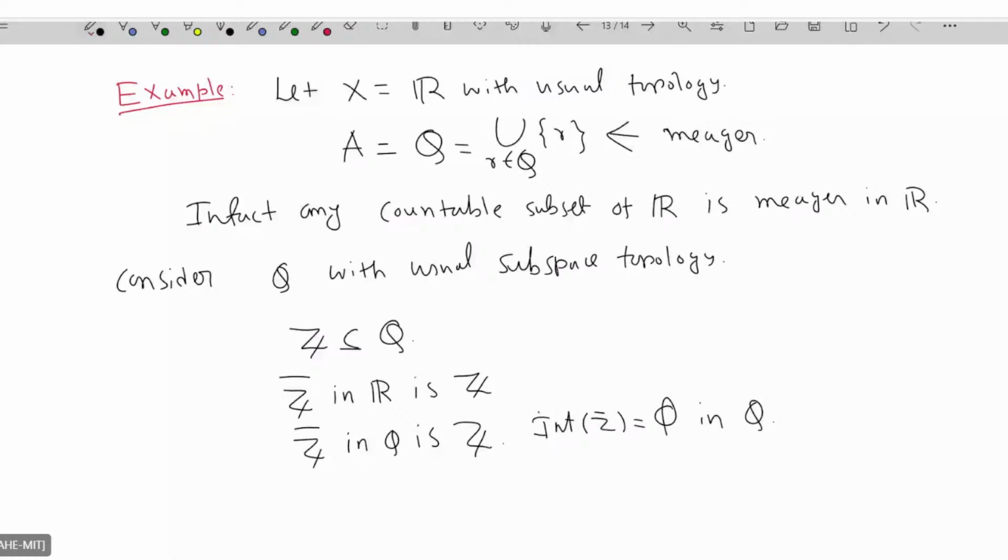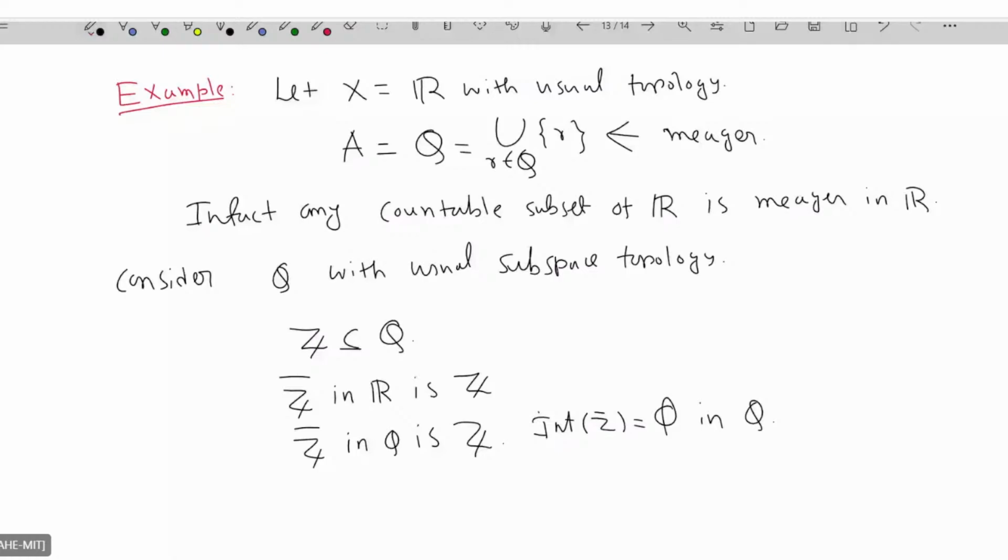What will happen? In Q, if you choose a set A, it will be nowhere dense, and its complement is also countable because Q itself is countable. If you take a subset A of Q, it will be meager because it's countable, because you can write it as a union of the elements of the set itself, and you have only countably many elements.